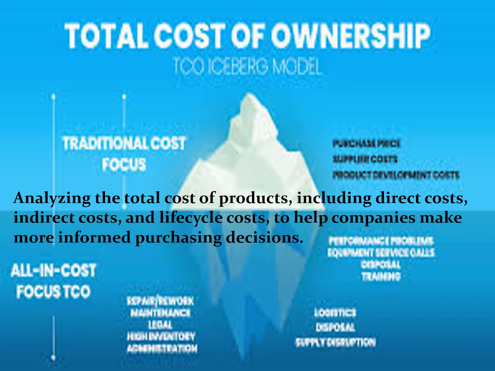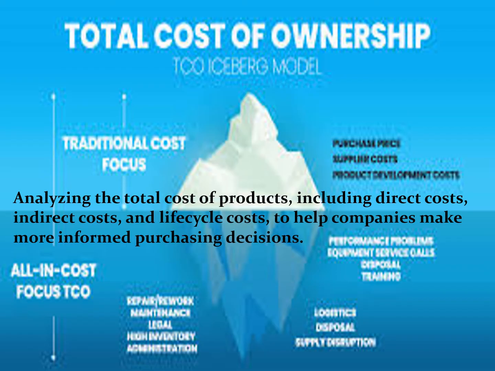Supply chain analysts also help us to calculate total cost of ownership, TCO, by analyzing the total cost of the products, including direct cost, indirect cost, and life cycle cost to help companies make more informed purchasing decisions.